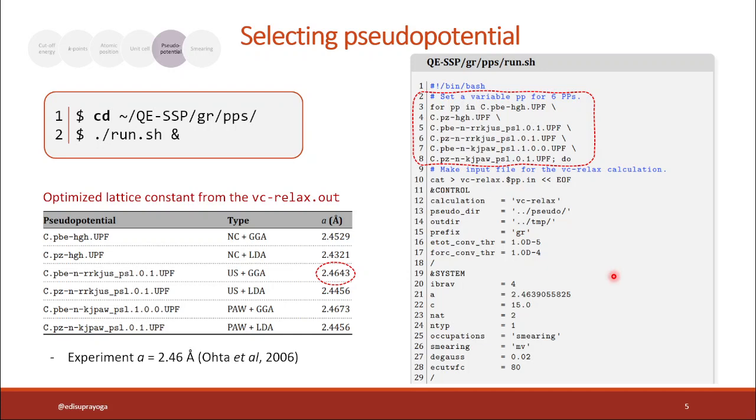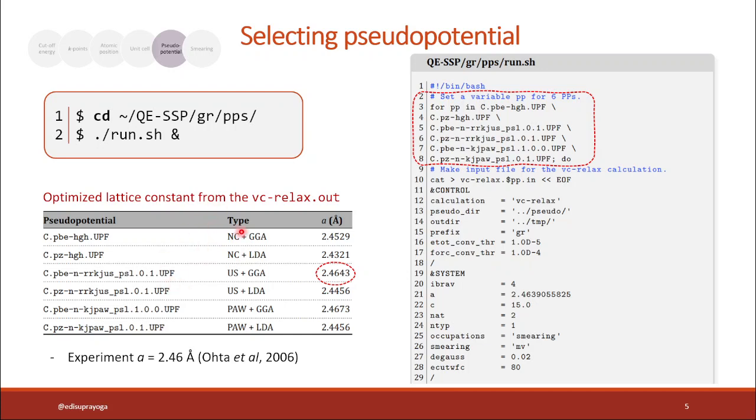Okay, in this case, we perform lattice relaxation or vc-relax to obtain the optimized lattice constant from each input, and the optimized lattice constants are obtained from the output file vcrelax.out.